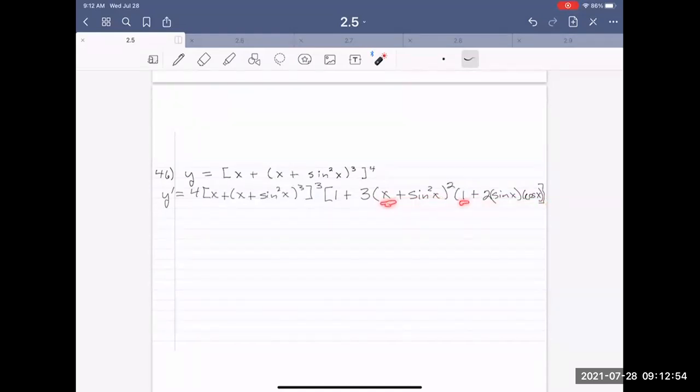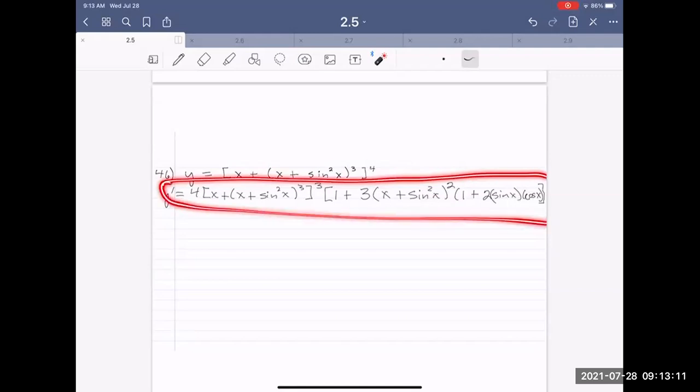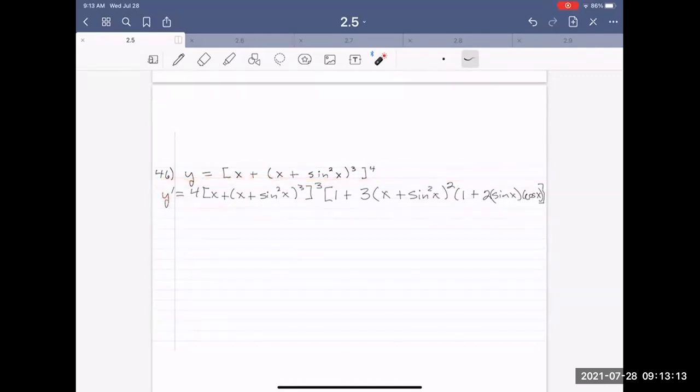Again, derivative of x is easy, that's 1. Now I have this guy. So to take the derivative of this guy, I bring the exponent out in front, rewrite what's inside, times the derivative of what's inside. And now you are done. I've done all the insides. So I had this inside, then this inside, and then this inside, and I've taken the derivatives of each of those insides.